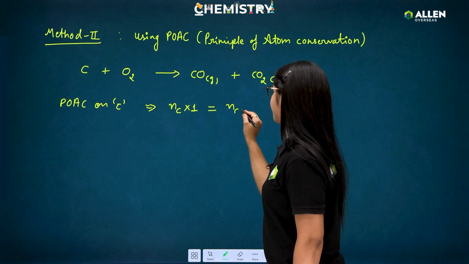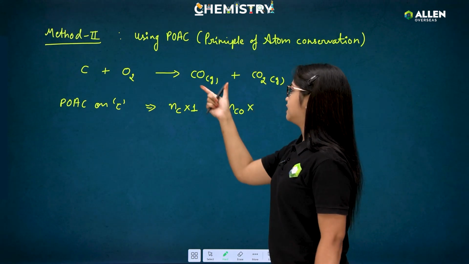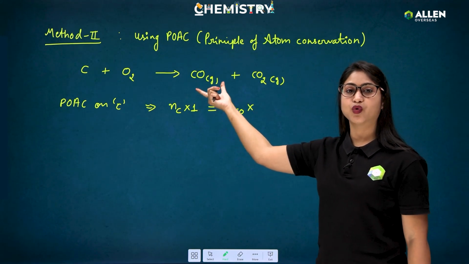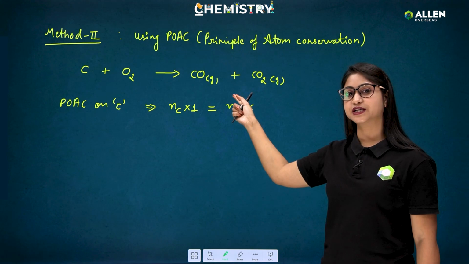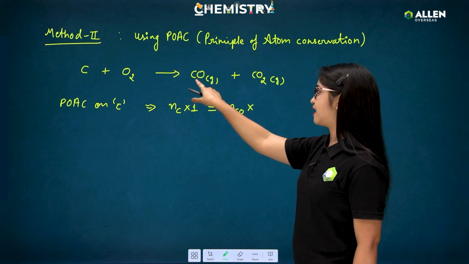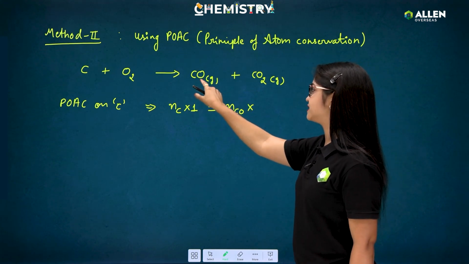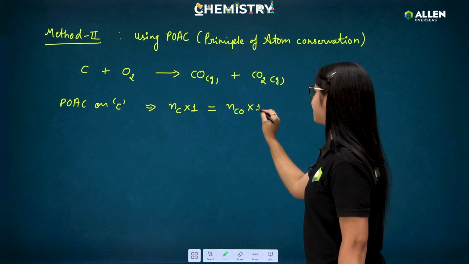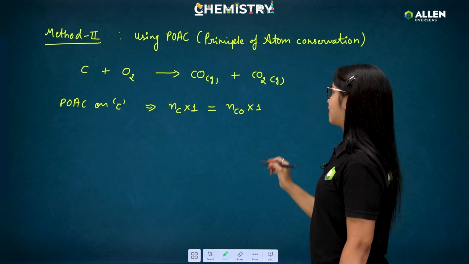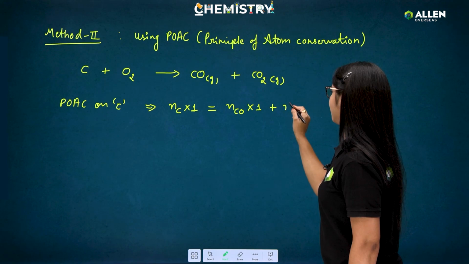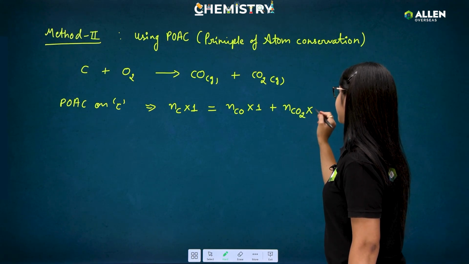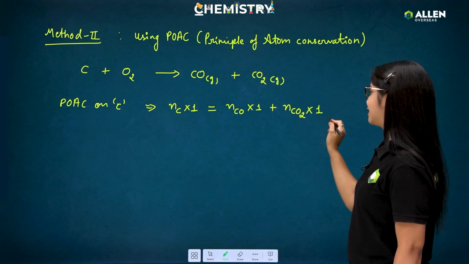So n of CO, number of moles of molecule into atomicity of the atom. We are talking about carbon, so the atomicity of carbon in this molecule is 1. So n of CO into 1 plus moles of CO2 into atomicity of carbon, which is again 1.